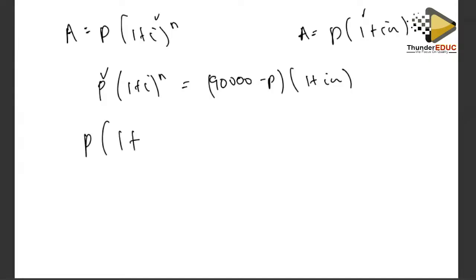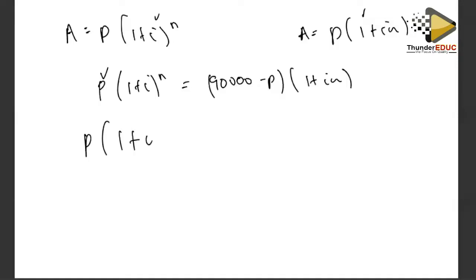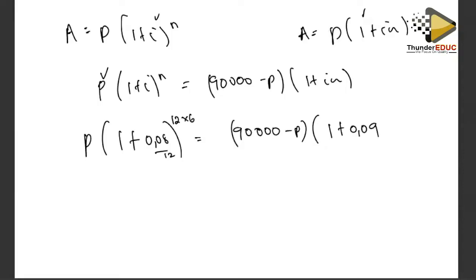This is 1 plus the interest rate for the compound, 8% monthly, so 0.08 over 12, to the exponent of, for how long? For 6 years, so times 12 times 6. This is 90,000 minus P into 1 plus the interest rate there, 9% per annum, so 0.09 multiplied by 6.